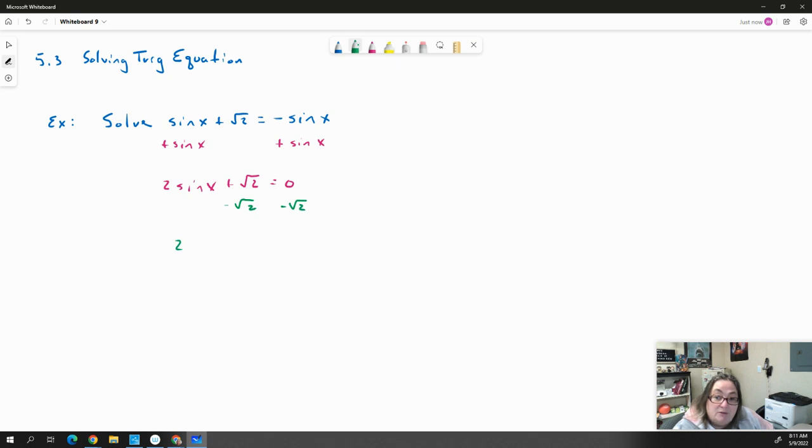And I would be left with 2 sine of x equals negative radical 2. And the only thing left being done to that sine of x that's keeping us from knowing what sine of x equals is that we have that 2 multiplied to it. So we're just going to divide both sides by 2. And we wind up with sine of x equals negative radical 2 over 2.